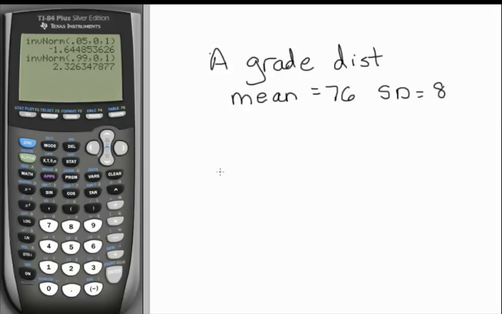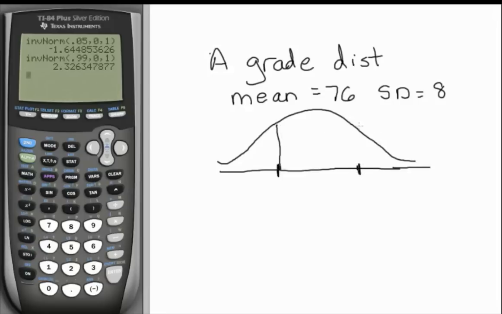So let me fill in this picture with some information that we're going to have. It's given for you that we have the middle distribution of the C's. Let's say, here's our 76.